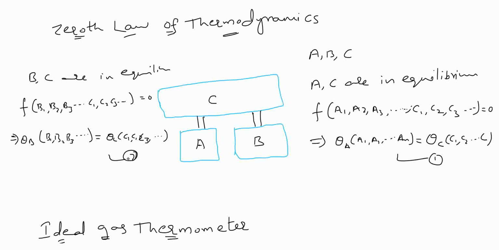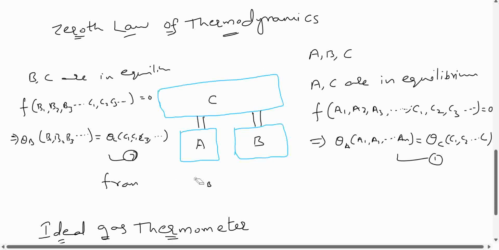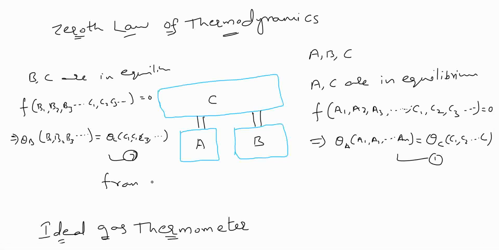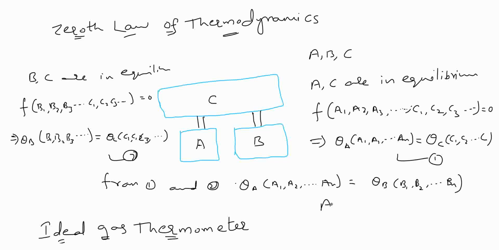So this is the second equation, and from 1 and 2 we can conclude that theta A of A1, A2, and so on to An is equal to theta B of B1, B2, and so on to Bn. Hence, A and B are in equilibrium.